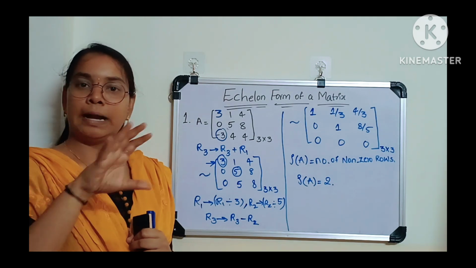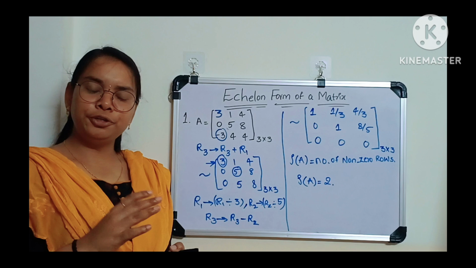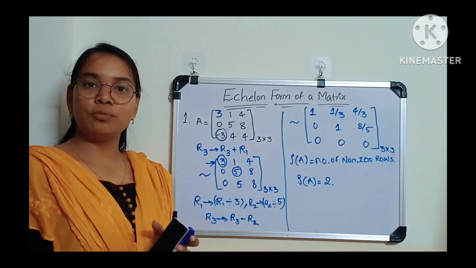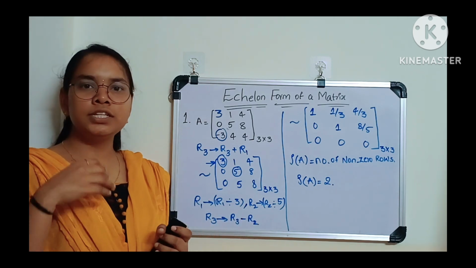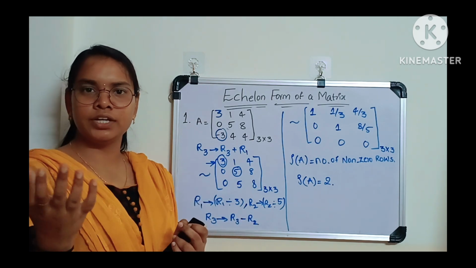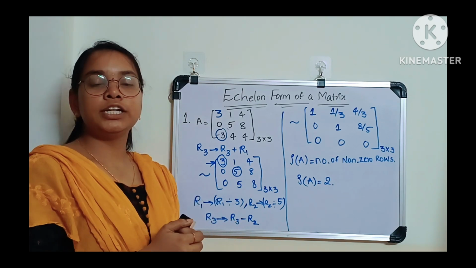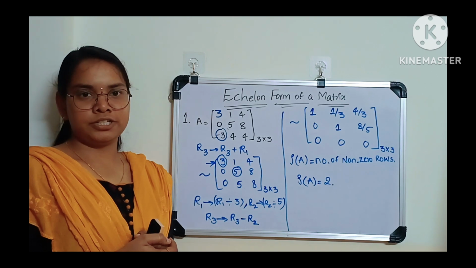It converts a complex system into a very simple system. With this we can also find the number of solutions, whether the system has a unique solution or infinitely many solutions, with the help of matrices.